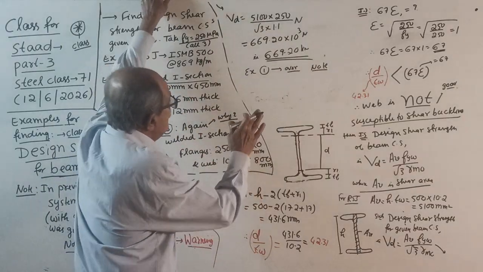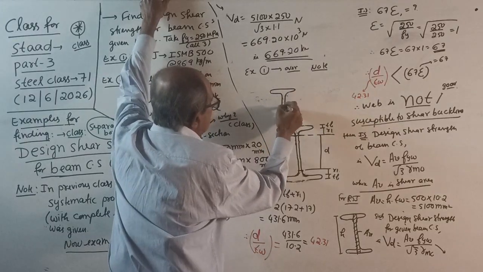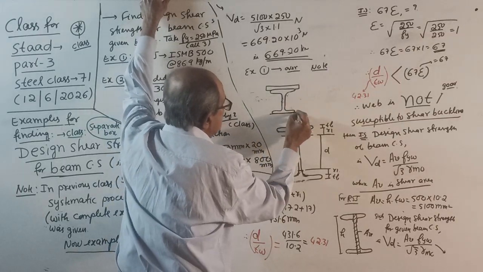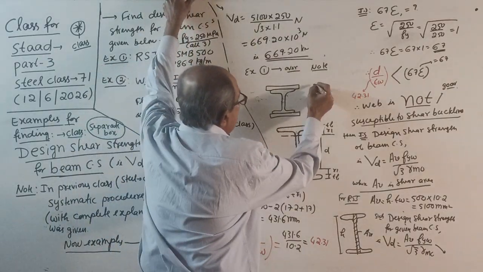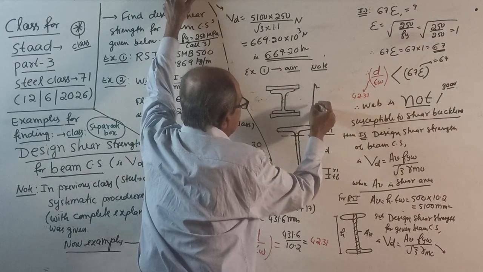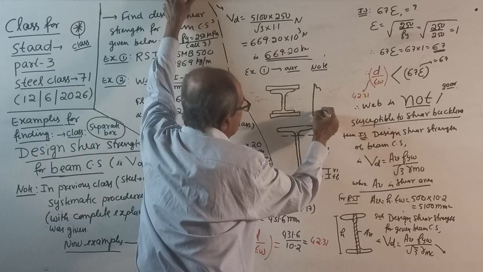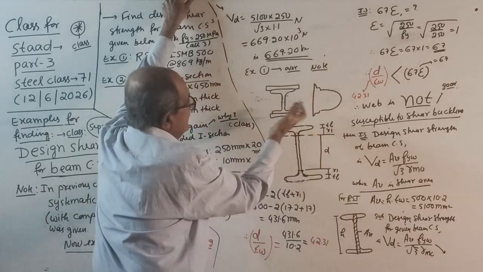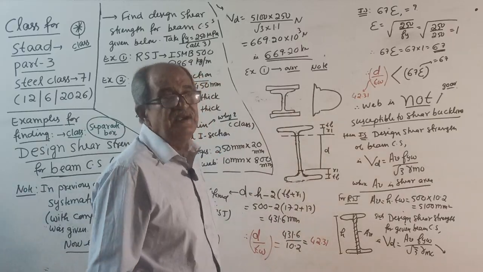Now, one more note. Suppose for the RSJ you attach flange plates for extra strength. Then how to find the shear strength? The shear stress distribution will be something like this. Don't bother, these are not required for you. Even now, shear is taken entirely by the web.